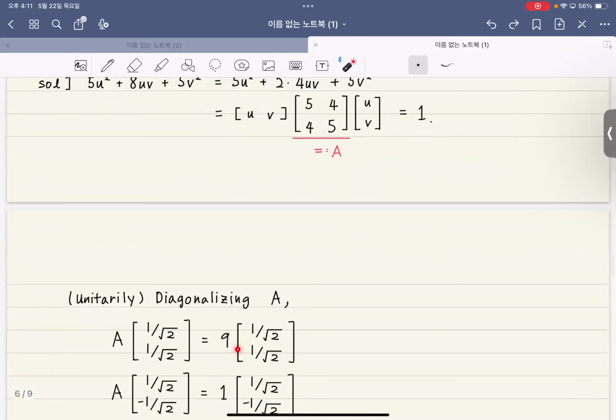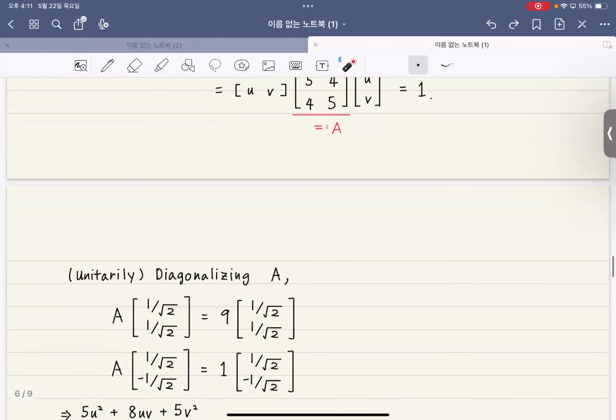One is 9, and the other is 1. You can also find the eigenvectors of each of these eigenvalues, and I am assuming that all these eigenvectors have length 1. So these are my eigenvectors corresponding to these eigenvalues. This is always possible because of the spectral theorem.